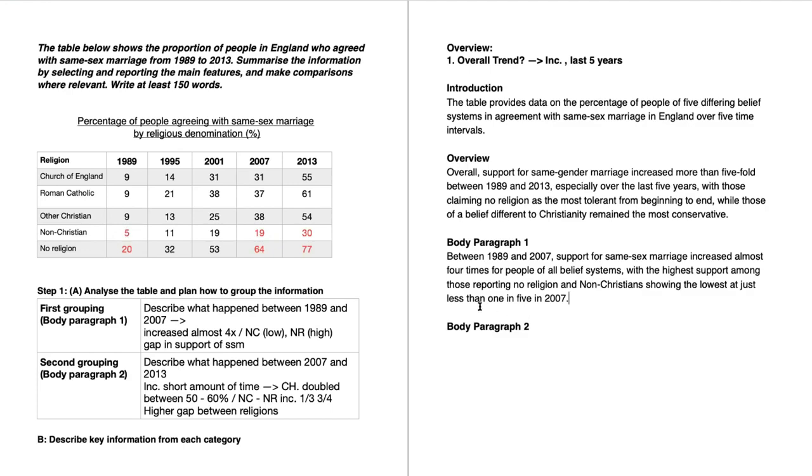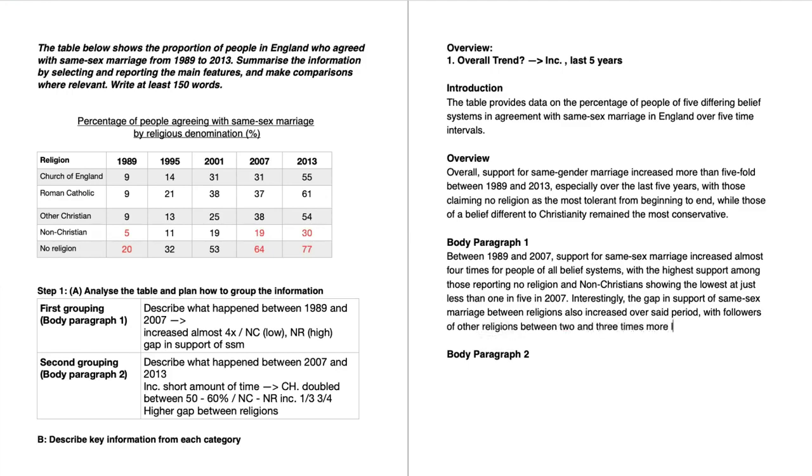Now I'll continue and I'll say, interestingly, the gap in support of same-sex marriage between religions also increased over said period, with followers of other religions between 2 and 3 times more likely to support same-sex marriage than non-Christians in 2007.